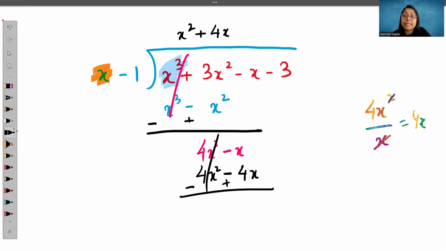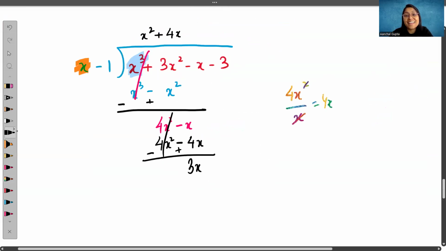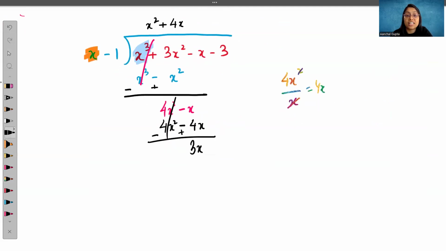What's remaining is minus 3x. Why are we not putting minus 3x? Yes, because the sign of the 4x, which is the larger one, is positive. That's the reason.